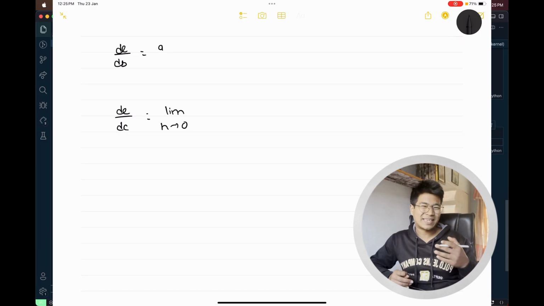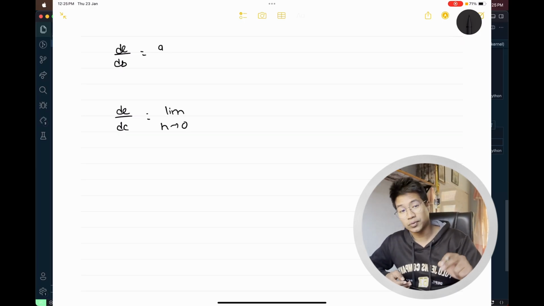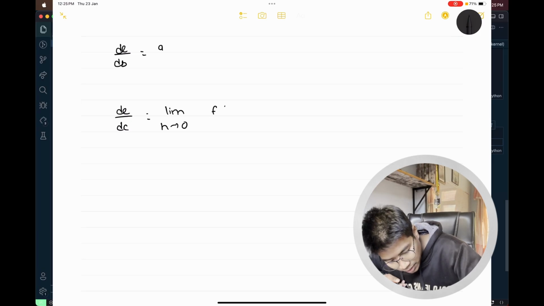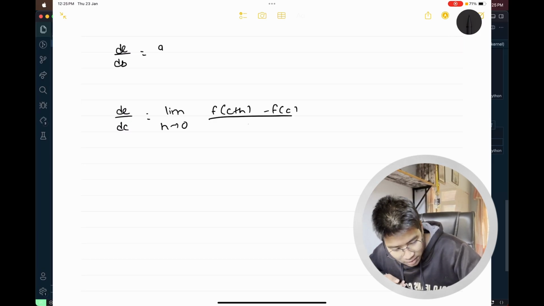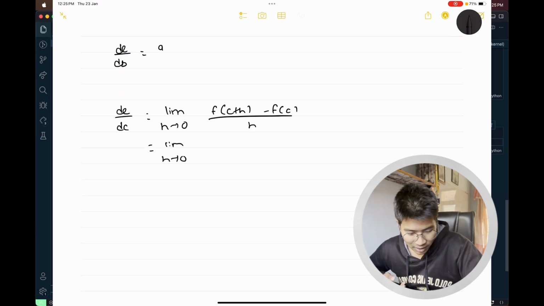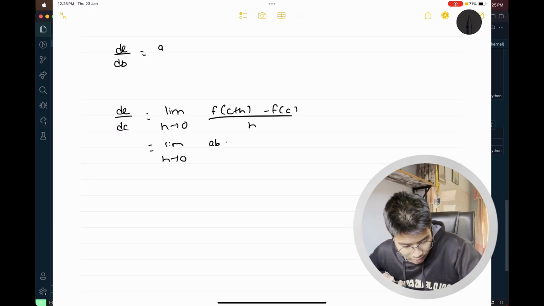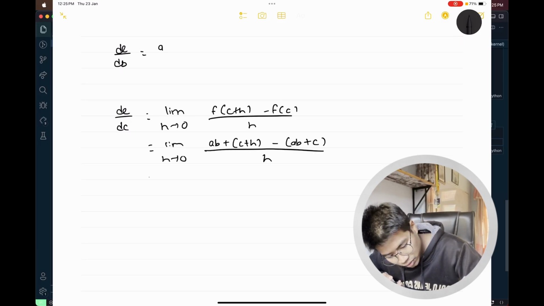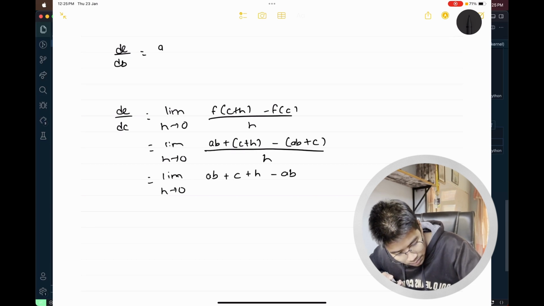Now I'm going to be skipping some of the parts when I do this computation, so let me go very, very fast now. Calculating all of this is very simple and it's a bit boring as well. Limit as h tends to 0, AB plus C plus h minus AB minus C, divided by h.